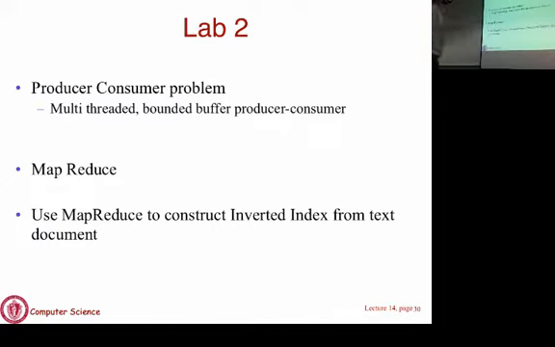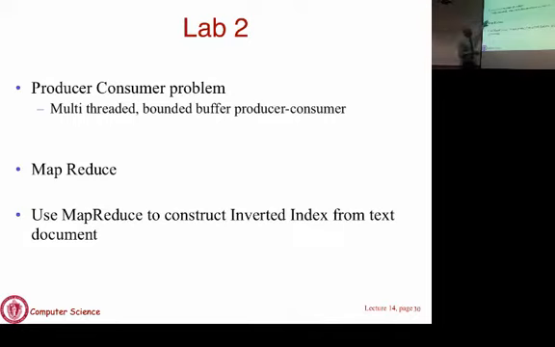The problem is to implement producers and consumers using a bounded buffer. We did bounded buffer producers and consumers in class, if you remember. Producers produce data items and put them into a buffer. Consumers consume data items. The code was actually in the lecture notes, so just look at that and implement something similar.